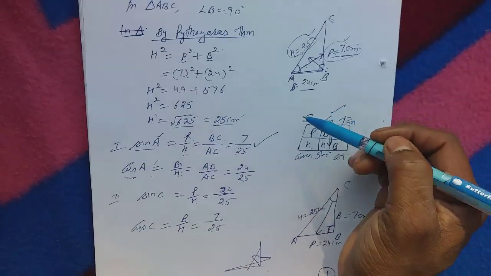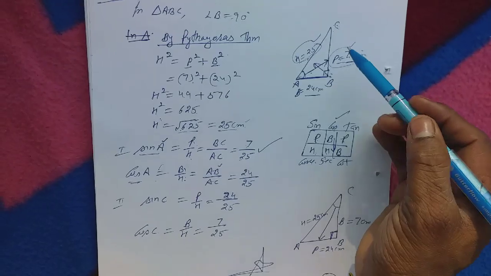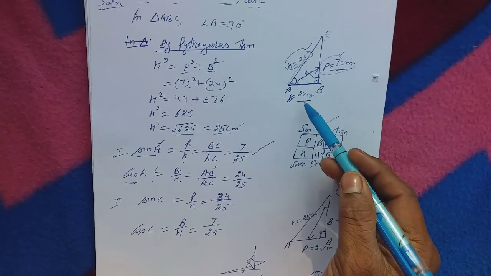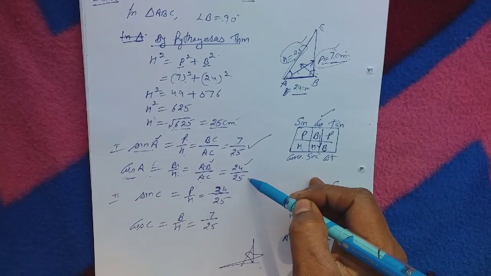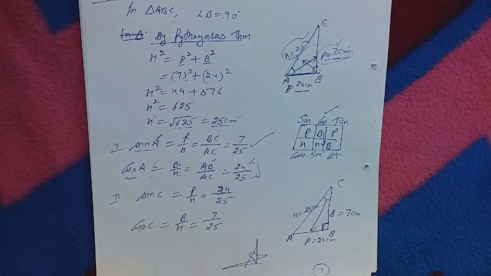In the figure, base is AB and hypotenuse is AC. AB is 24 and AC is 25. So cos A is 24 by 25.